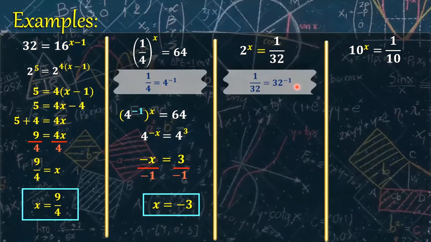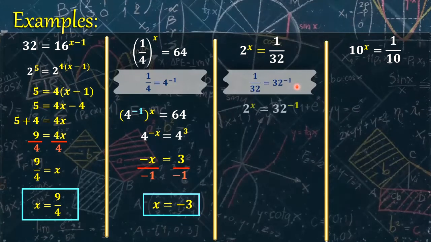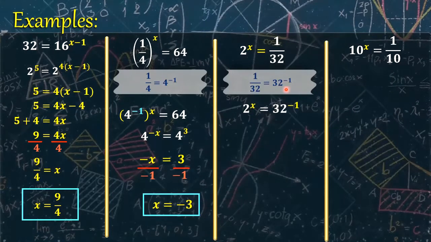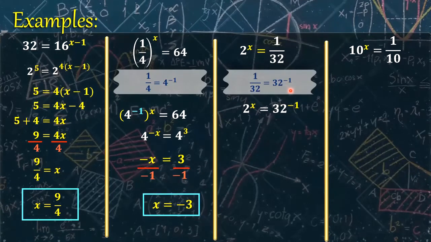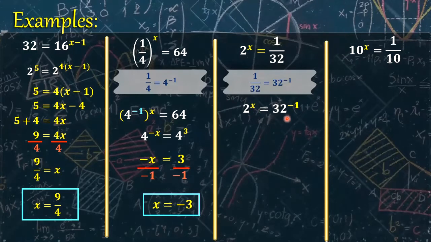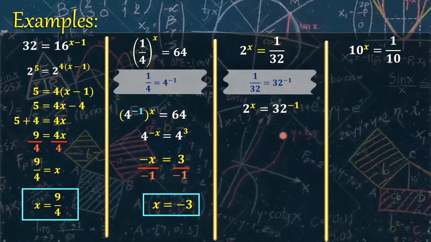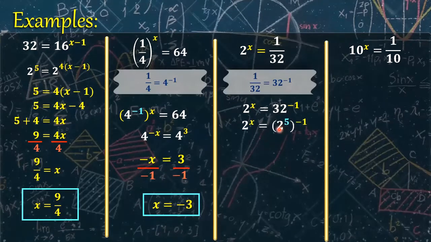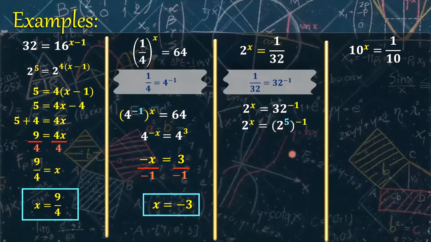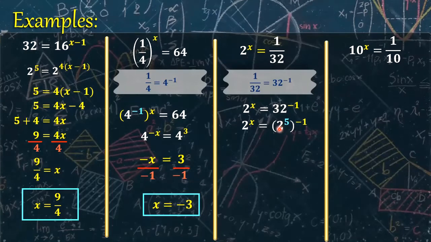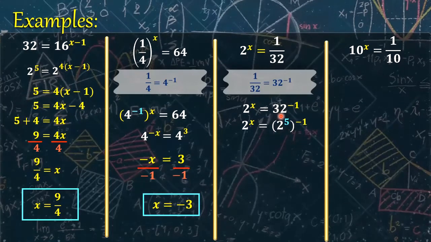Negative 1, that's according to the law of exponent. So, copy the given again, and then on the right side, it's already 32 raised to the power of negative 1. Now, we need to express 32 with a base of 2. So, therefore, it is 2 raised to the power of 5. Because if we multiply 2 5 times by itself, the result is 32.